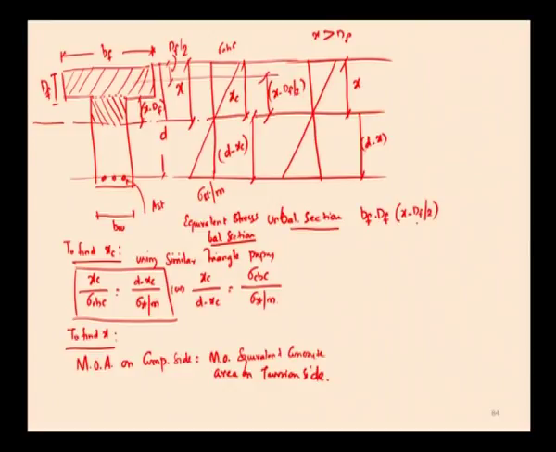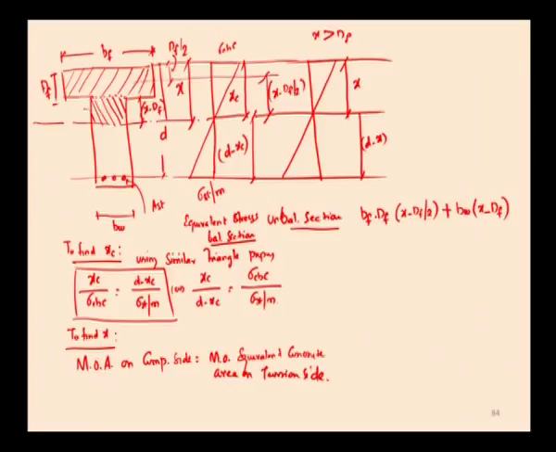This is the moment of area of the flange portion, plus the moment of area of the web portion. The area of the web portion is Bw into x minus df.